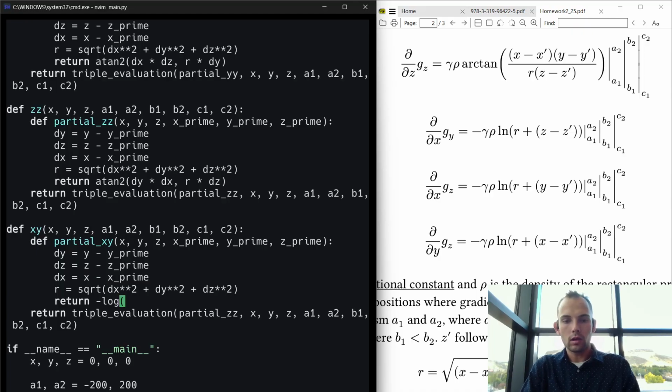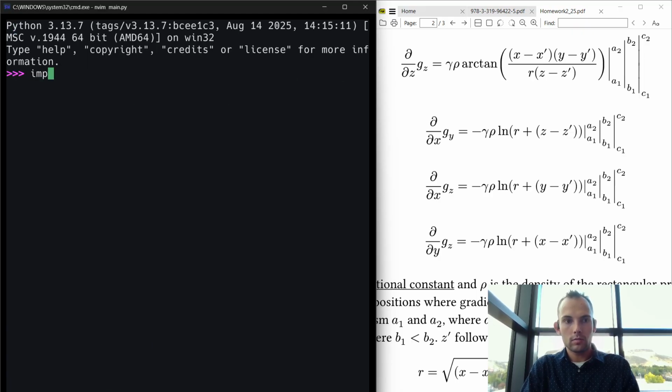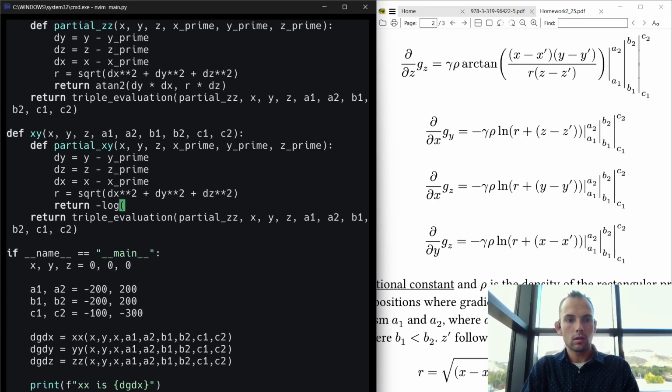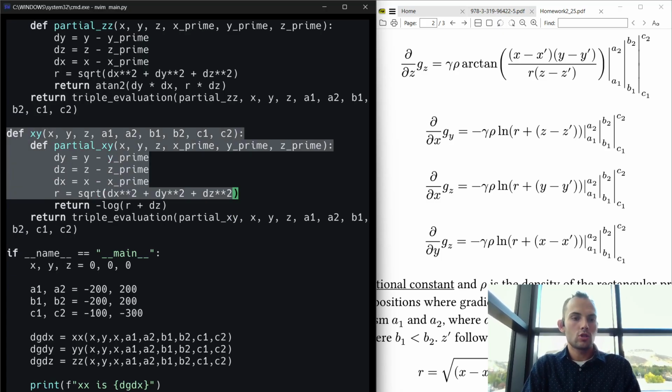No, I think log in Python is actually the natural log. But let's just make sure. I think it's math. Okay, math base E, it looks like, so we're good. And X and Y gets evaluated at DZ. Let's call that XY. Sweet.